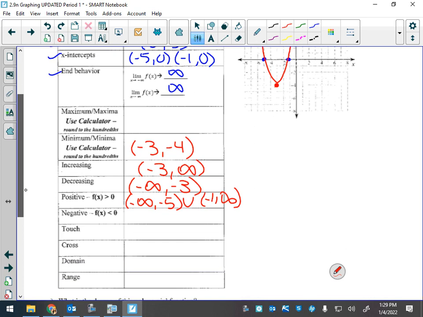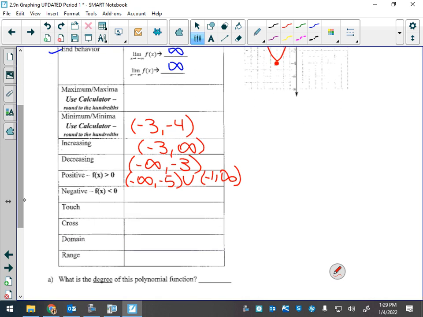Where am I negative? Addison. Good, -5, -1. Okay. Does this graph bounce off the x-axis at all? No. Where does it cross? Danielle? Good.